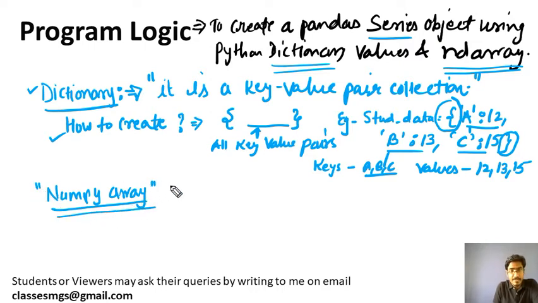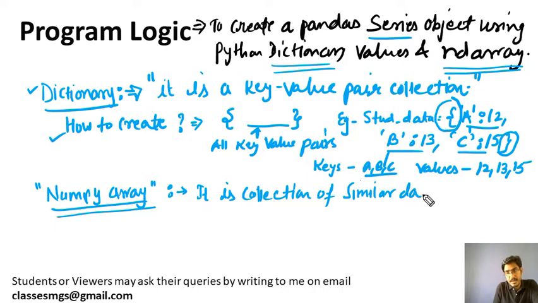I am just giving the definition and one example, as I did for the dictionary. It is a collection of similar data types.